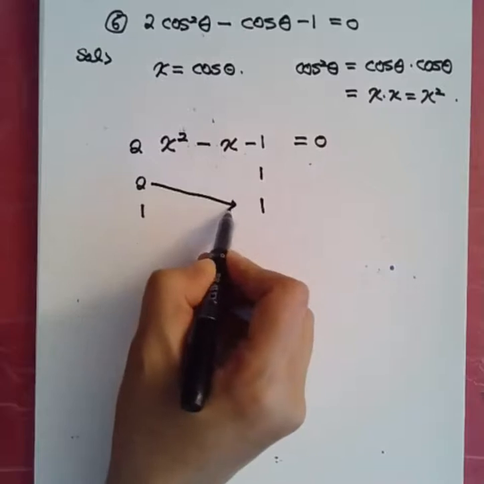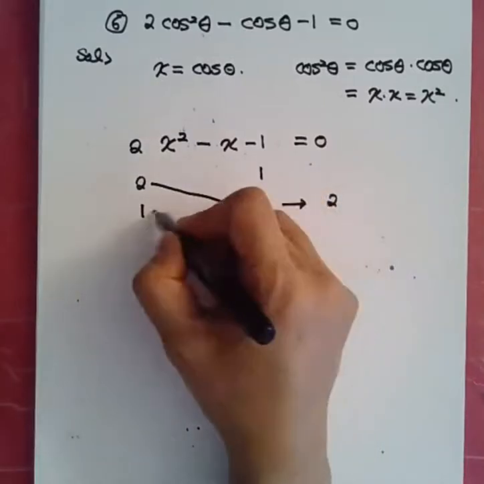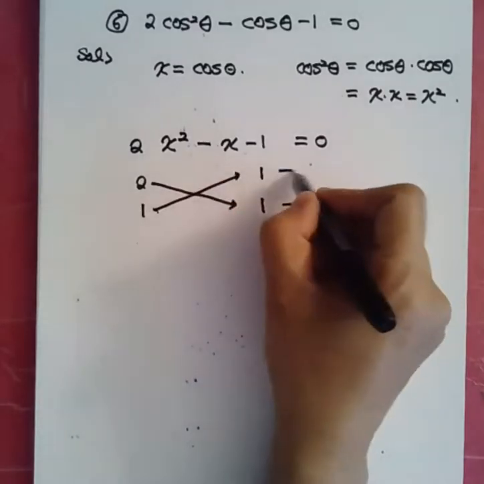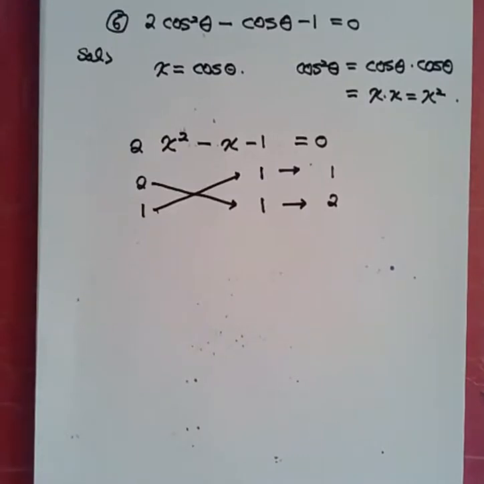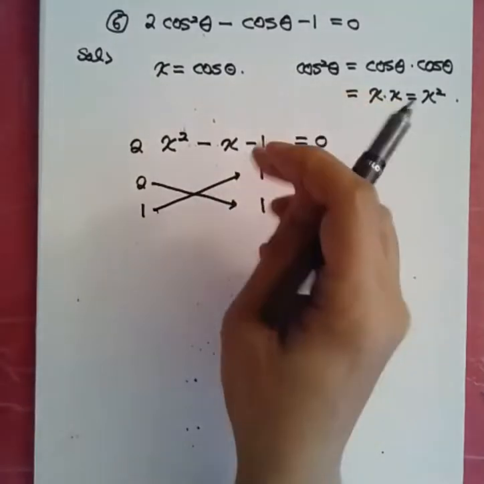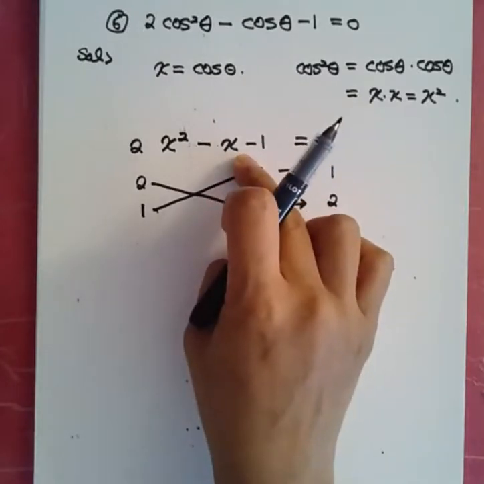Then I will do cross multiplication. Then this is 2 and this is 1. 1 times 1 will be 2. What we notice is 1 times 1 is 1, but there is a negative sign here.